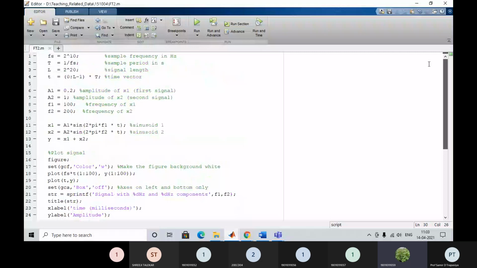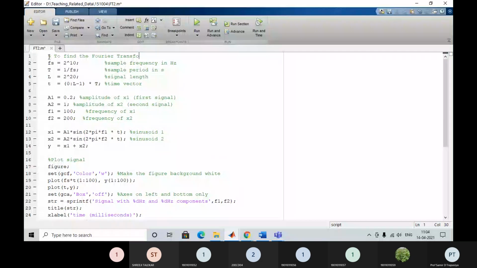Yes, sir. Okay. So what is the experiment today? The experiment is to find the Fourier transform of any signal g of t.